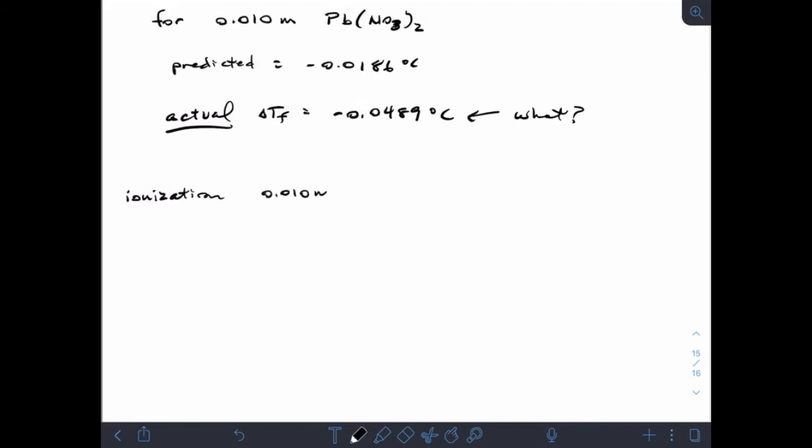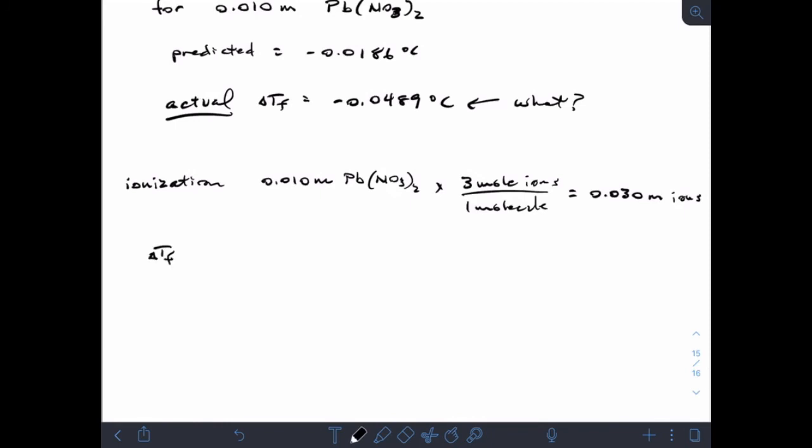So in this concentration of lead nitrate, we have 3 moles of ions per molecule, right? Right, so let's assume that's true, and that gives us a concentration of ions of 0.3 molar ions.